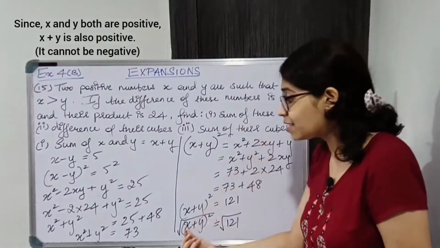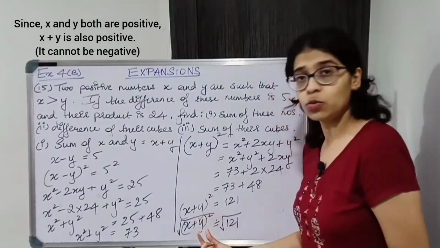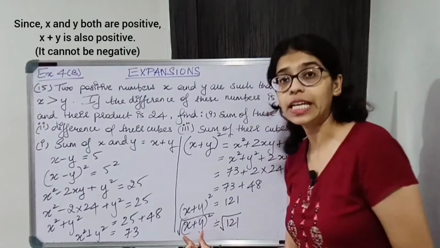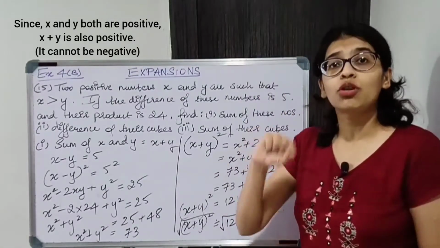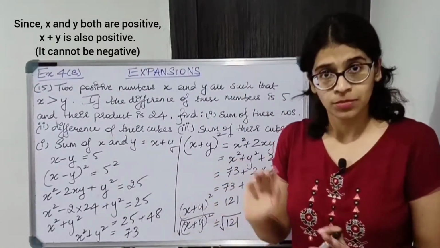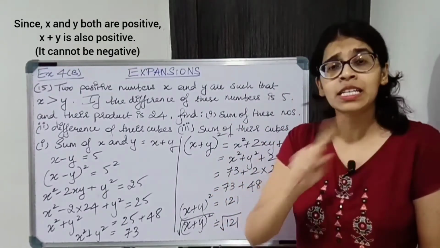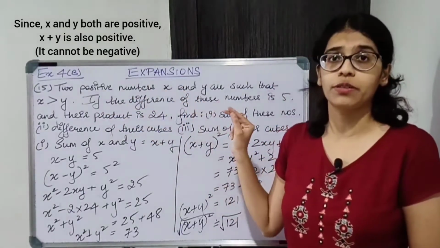Okay, so x and y both are positive, so square and square root will get cancelled and eventually we are left with x plus y. So x plus y is equal to square root of 121. We will not take negative value, not plus or minus 121, we will not consider minus because the numbers are positive over here.